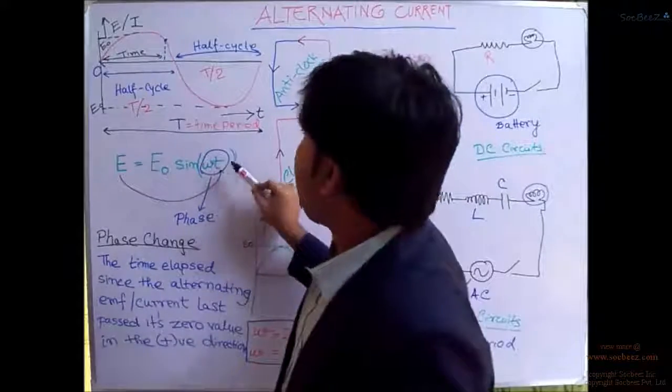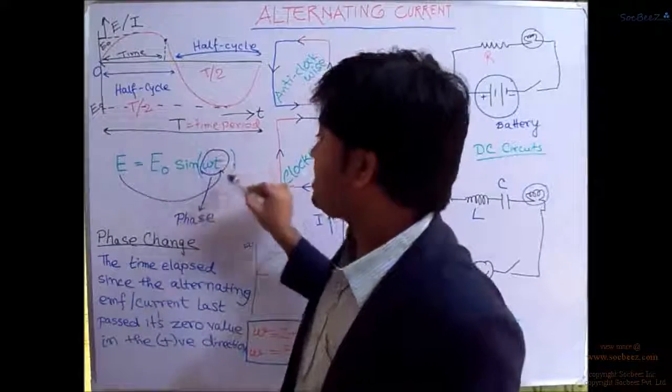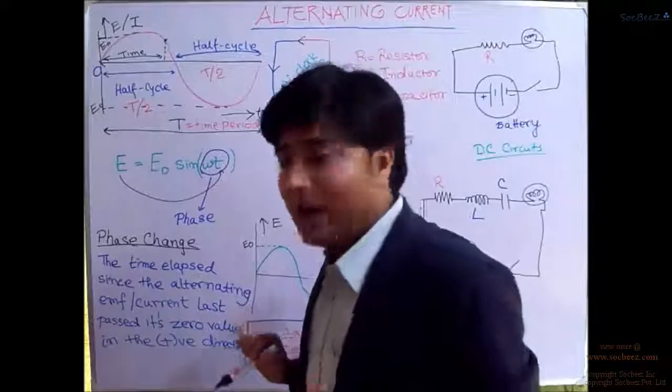The omega multiplied with this time, the small t, will give us the phase change, right?